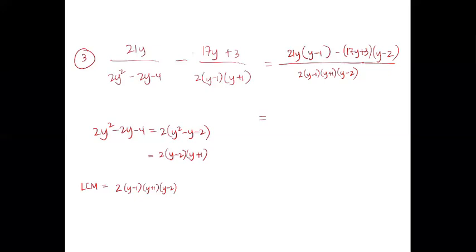In the numerator, we have 21y squared minus 21y, then minus, so you expand this, use your FOIL method, your distribution method, but we will have 17y squared. That's 17y times y in here, and then 17y times negative 2, so minus 34y.